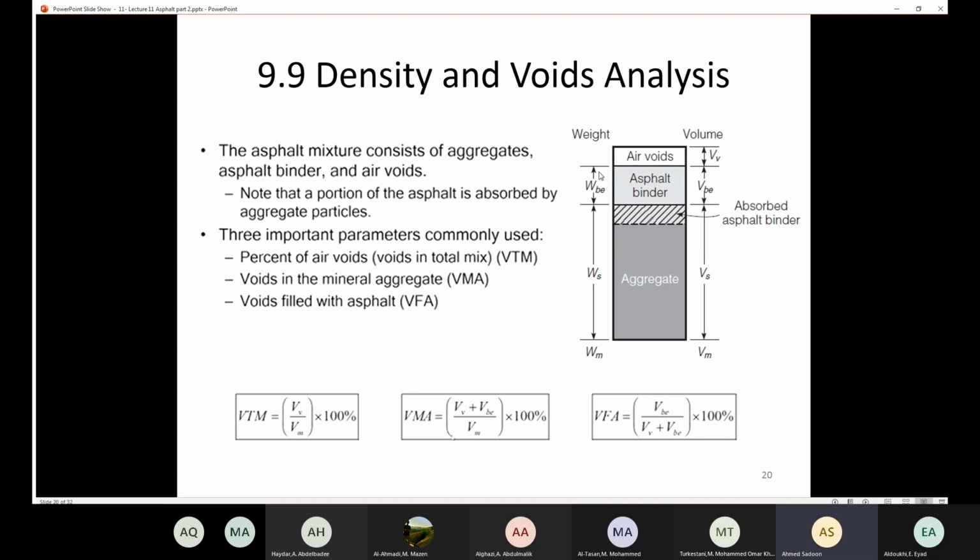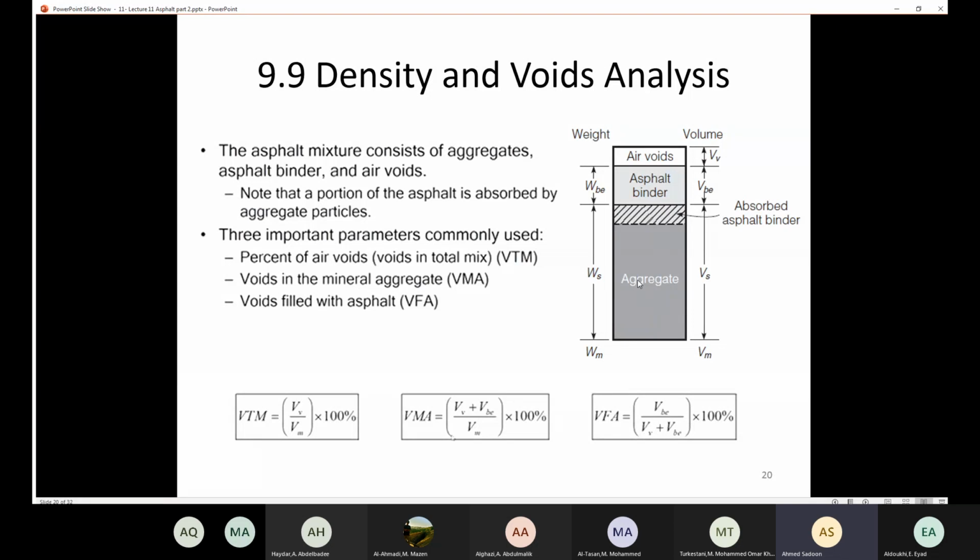So here we have the representation. Of course, this one is an imaginary representation for the asphalt mixture. The asphalt mixture is going to have aggregate, and we're going to have asphalt binder. Of course, some of the asphalt binder is going to be absorbed by the aggregate. So we call this the absorbed asphalt binder, because we know that the aggregate contains voids.